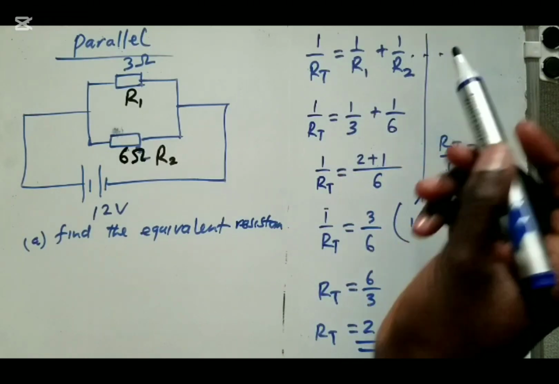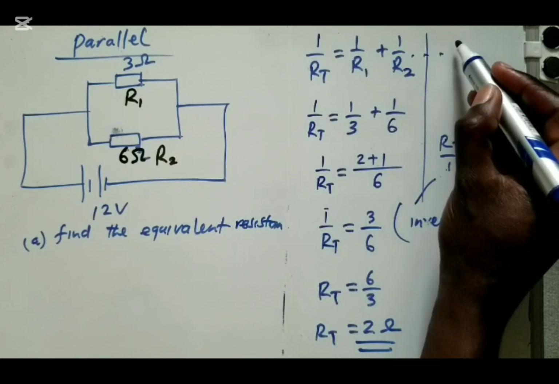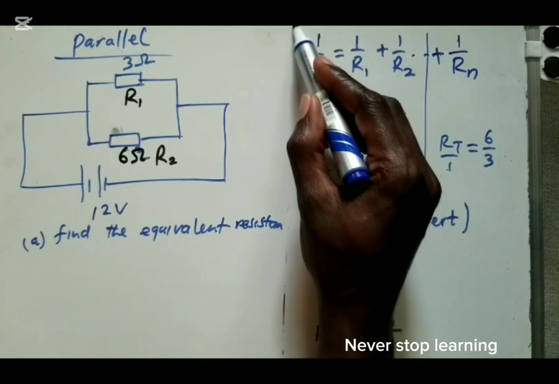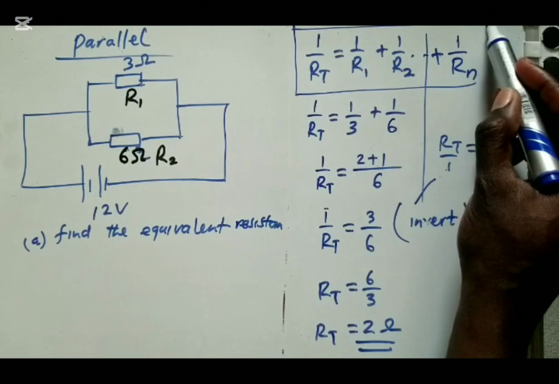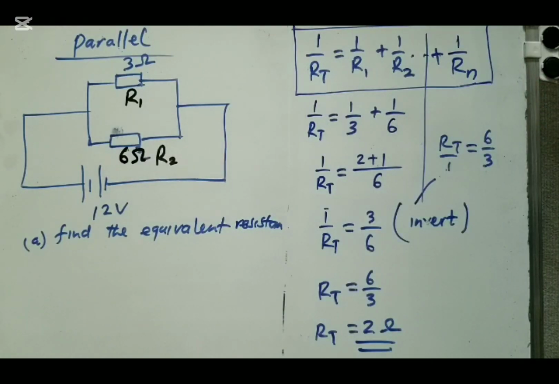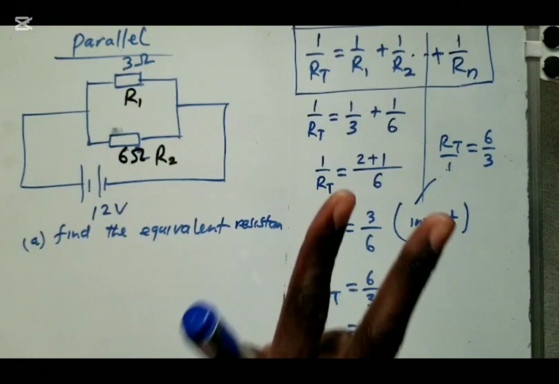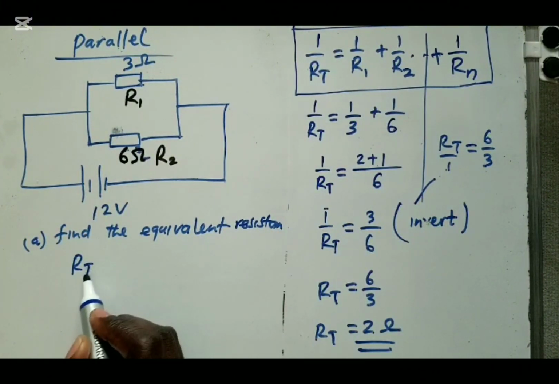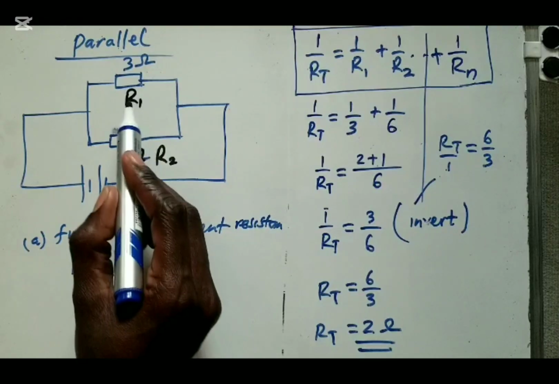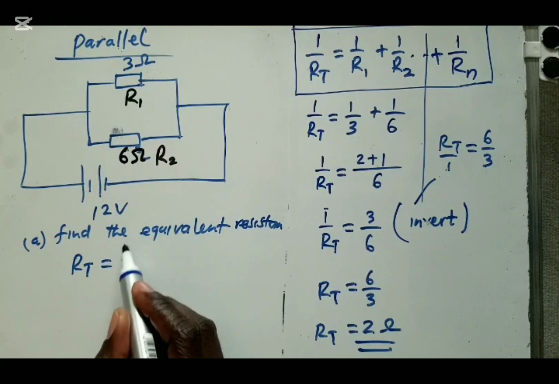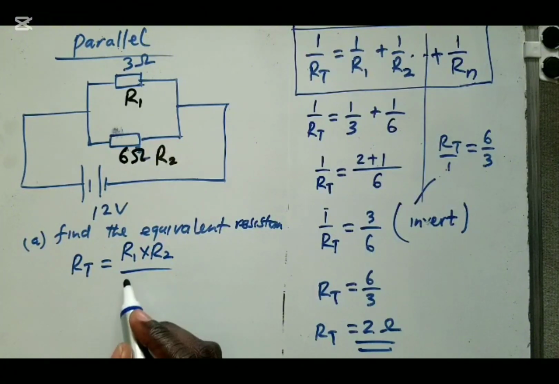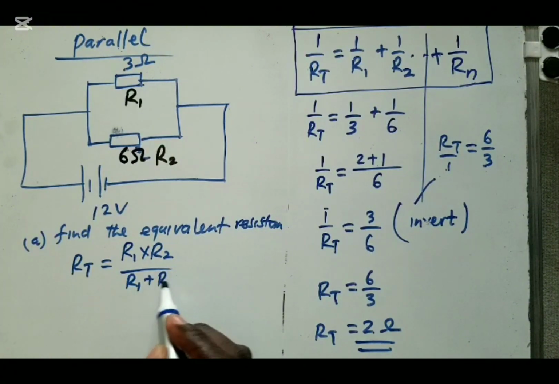Now this is layman's. Normally we apply this formula when you have 3 or more resistors that are in parallel. But if you have only 2 resistors in parallel, don't waste time. Like I said, for R total, you just multiply the product of the 2 resistors, R1 times R2, then you divide by the sum of R1 plus R2.